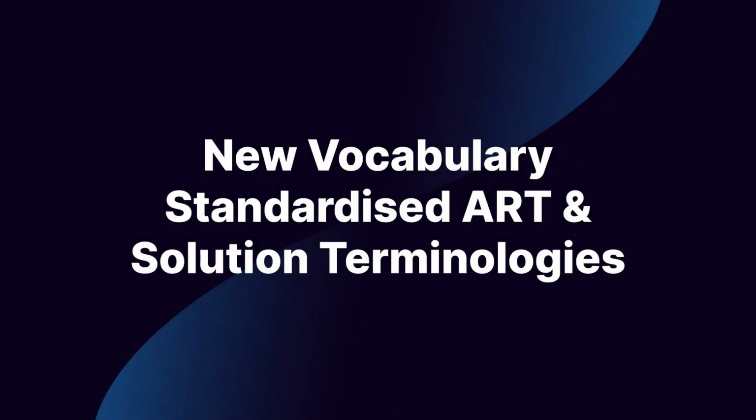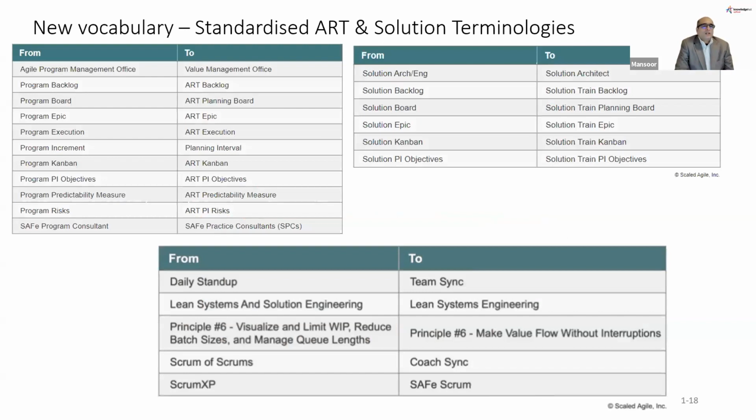All right, so let's move on and take a look. What changed in 6.0? We had a change in vocabulary. The Agile Project Management Office moved to Value Management Office, so we are looking at how we deliver value. Program backlog is moved to ART backlog. All the program words have been changed to Agile Release Train.